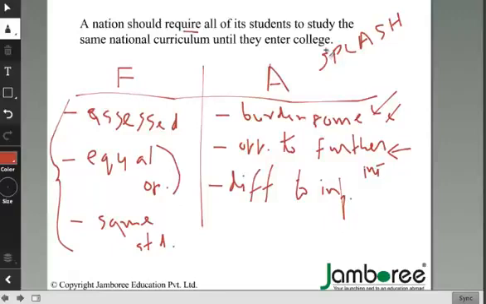So if J.K. Rowling or Shakespeare or George Bernard Shaw were students, they would probably not even be able to pass the exams. So by requiring all students to study the same curriculum, we may in a way be actually preventing the future J.K. Rowlings or future Shakespeares from being successful. So you can use that, right?